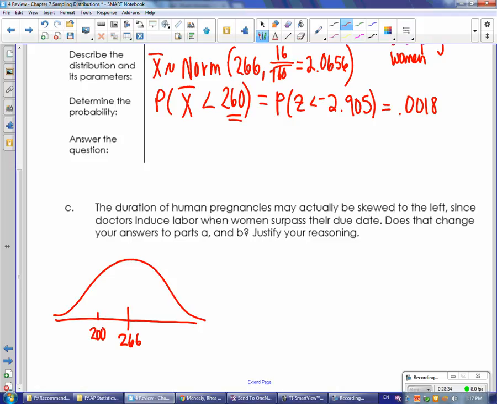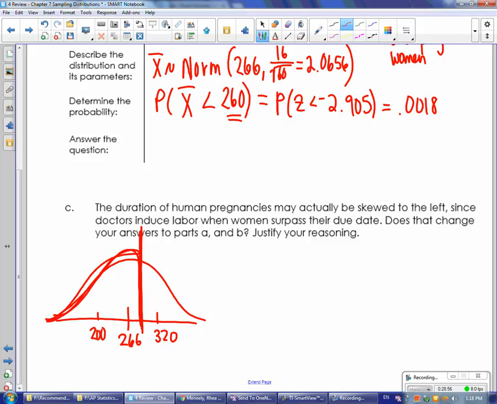I mean, lots of women give birth early, but I'm probably not going to see a lot of women giving birth after 320 days because doctors are going to induce. There's only so far a doctor is going to allow a woman to stay pregnant beyond her due date.